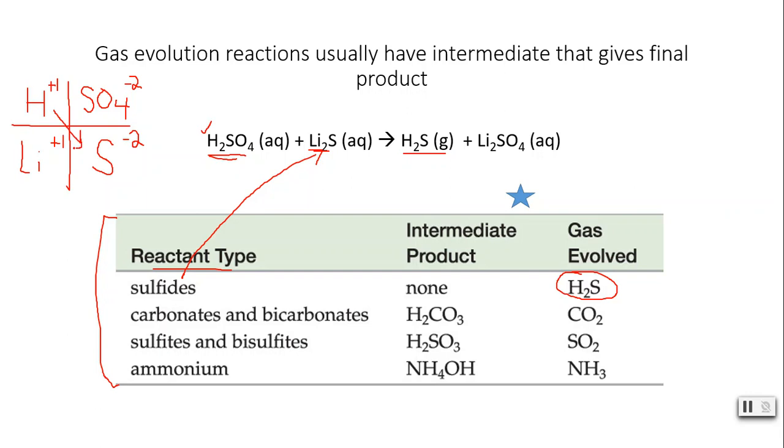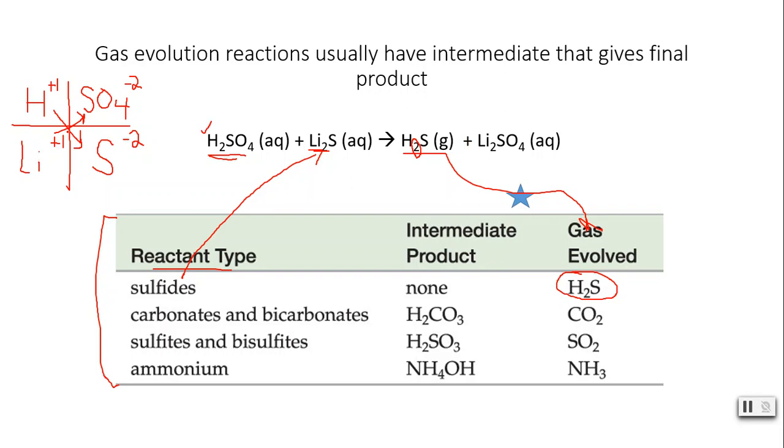And when I do the crisscross, I can see that the hydrogen is going to pair with the sulfur. And since hydrogen's a +1, sulfur is a -2, I need to have 2 hydrogens. So H2S, subscript 2. And I know this is a gas from the chart. Plus, lithium pairs with the sulfate.